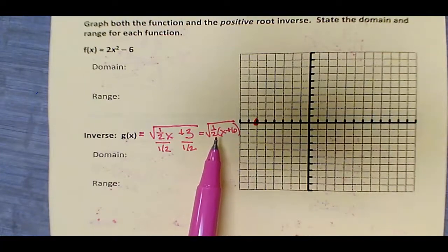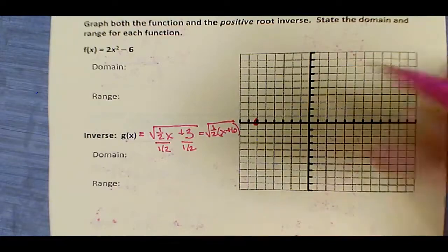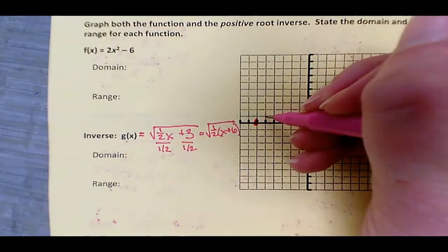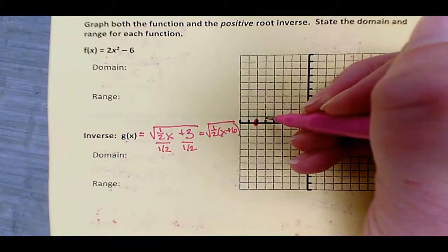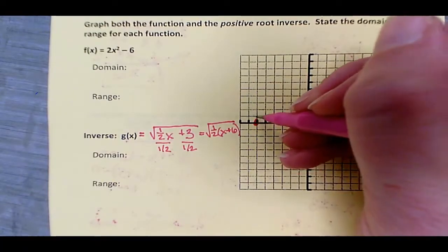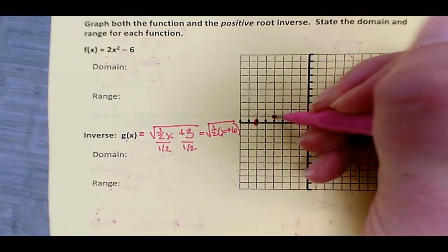We know that anything under the radical is a lie. So it's not really a compression, it's a stretch by a factor of the reciprocal of this. So instead of 1/2, it's 2/1. So this is really a horizontal stretch by a factor of 2. So rather than going up 1 and over 1, I'm going to stretch this horizontally 2 units. So up 1 and over 2.